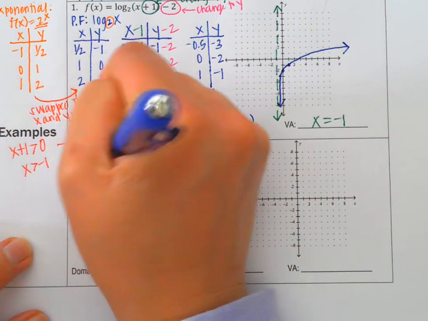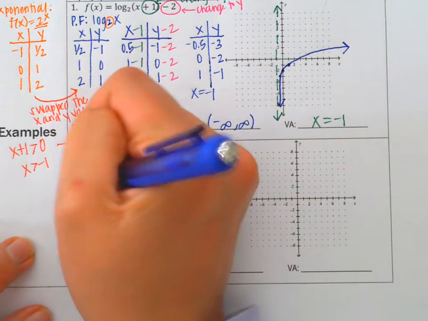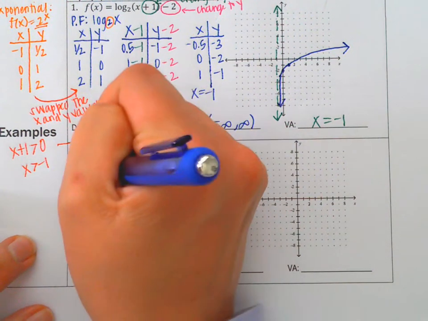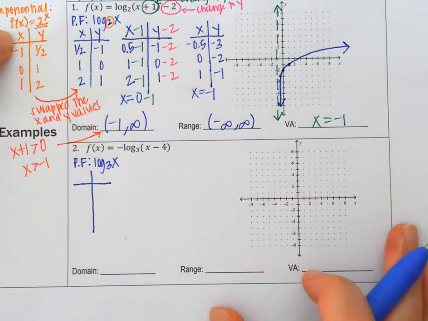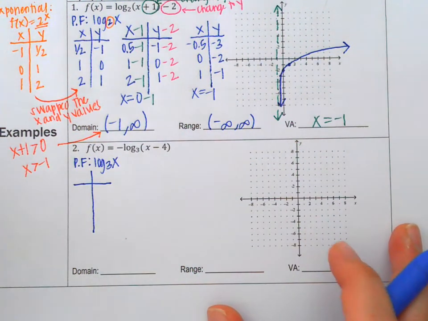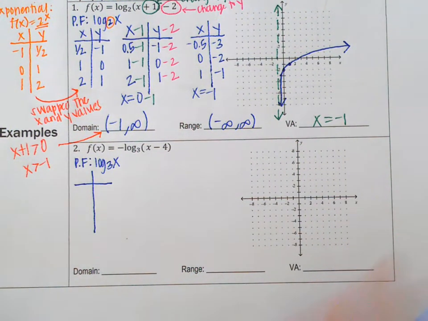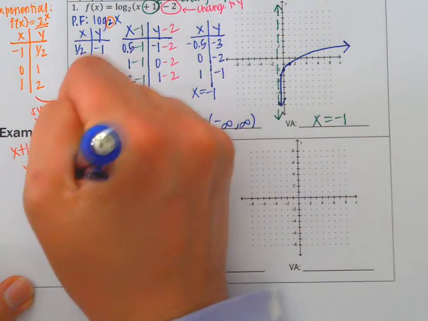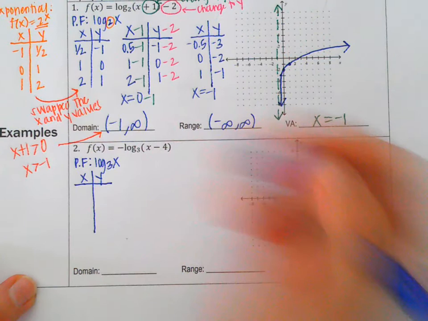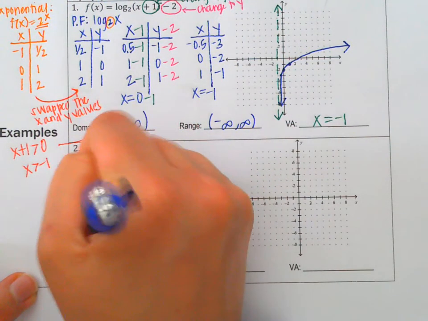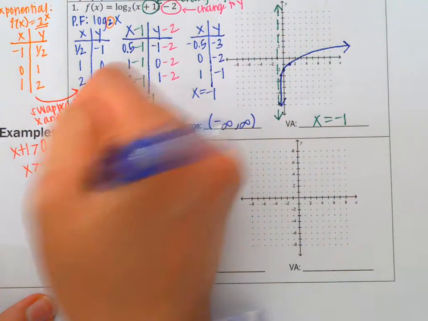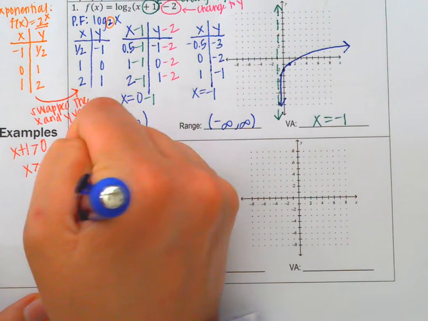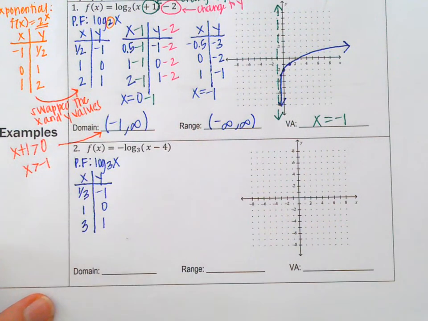It's log base 3 of x. You would have written an exponential table for 3 to the x, if you did that extra step, totally fine. But what I usually do is kind of do that in my head. I'll write the y values first, and then I think, okay, so that's going to be 1/3, that's going to be 1, and that's going to be 3.